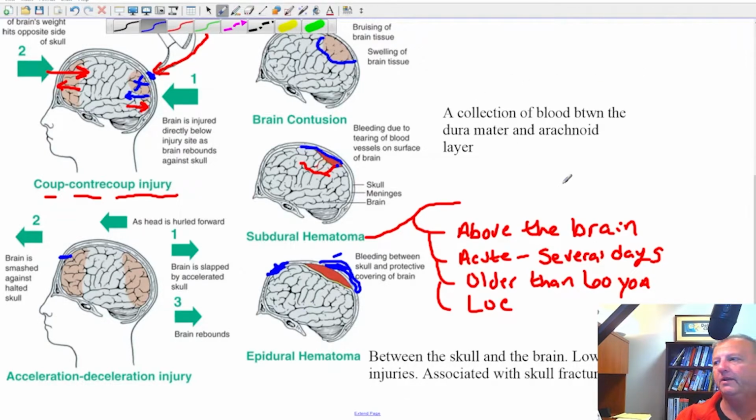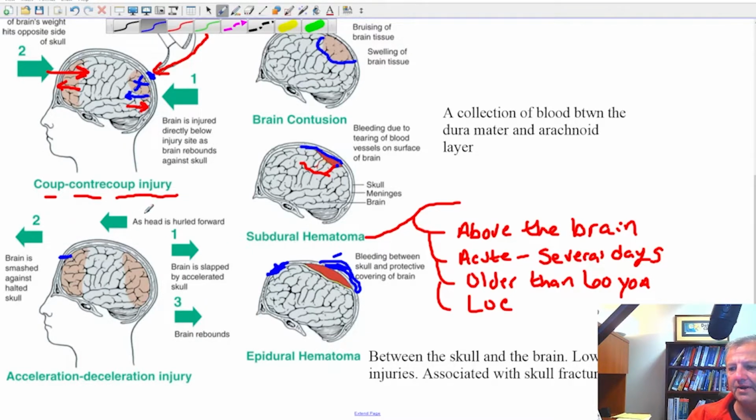So what we've talked about so far is injuries to the brain tissue itself, right? And so think about this for a second. We have bleeding to the brain. The skull is an enclosed capsule and it's really tight in there.